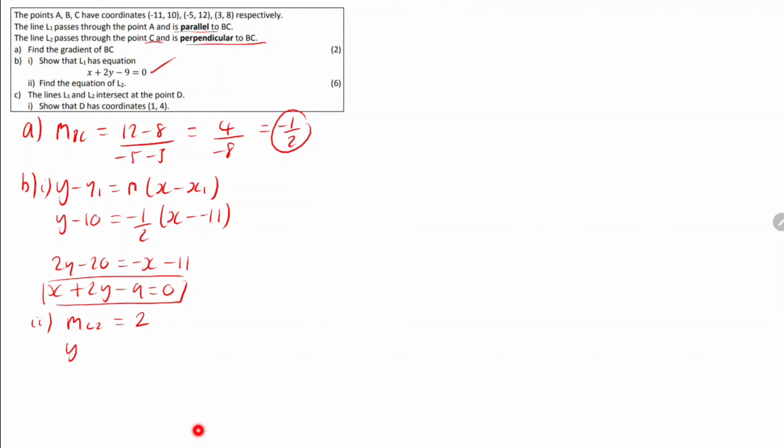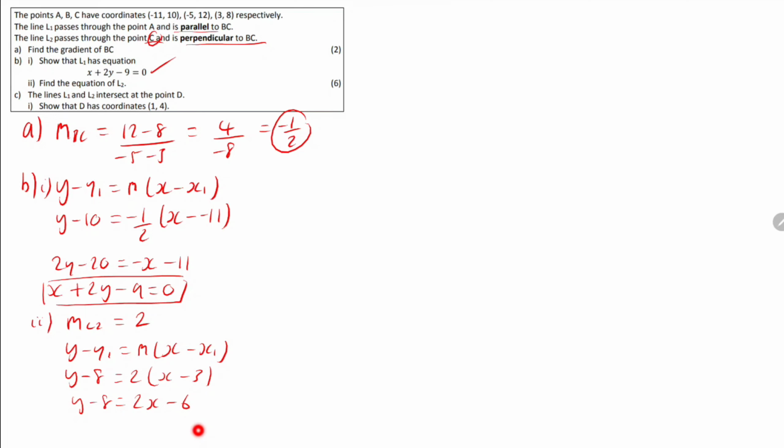Then we're going to find the equation of the line. So y minus y1 equals m bracket x minus x1. And it tells us it goes through C, so we've got to use coordinate C. So y minus 8 equals 2 brackets x minus 3, which gives us y minus 8 equals 2x minus 6.